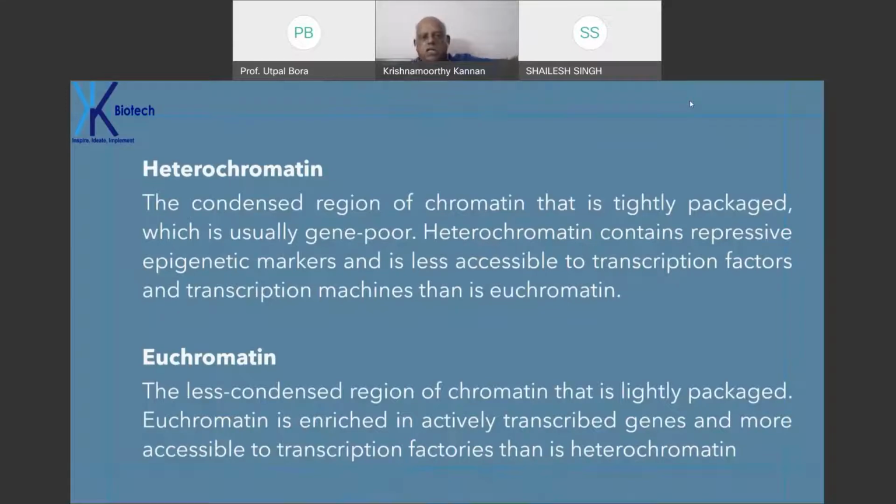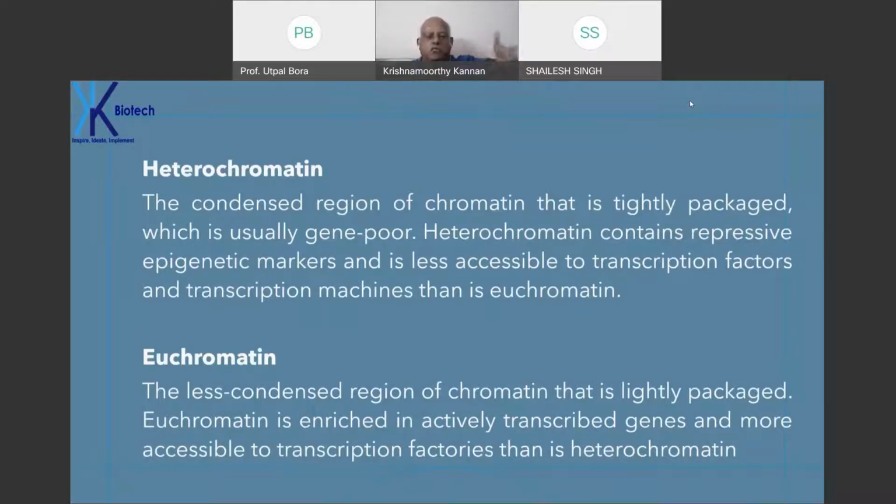Heterochromatin is the condensed region of a chromosome that is tightly packaged, which is usually gene poor. Okay. Heterochromatin contains repressive epigenetic markers and is less accessible to transcription factors and transcription machinery than euchromatin. Normally this heterochromatin is found very close to the nuclear membrane, and the active euchromatin is normally found in the center.